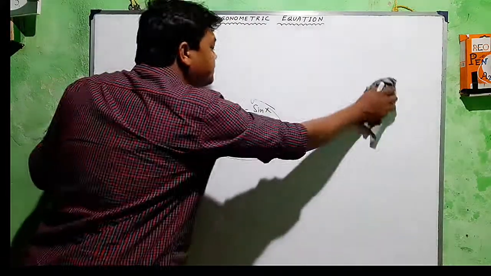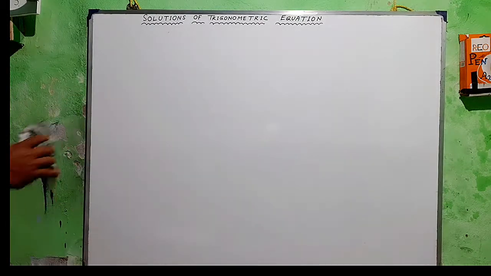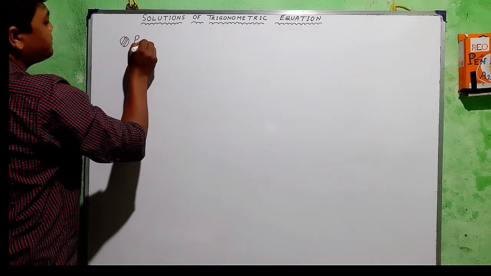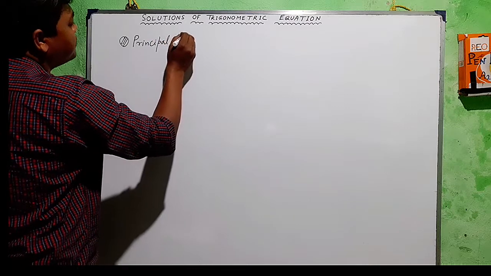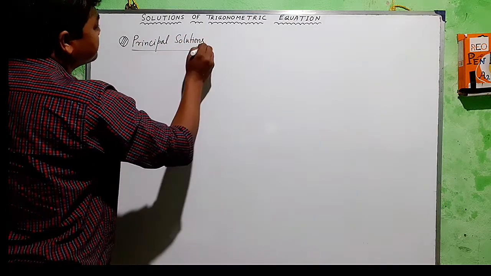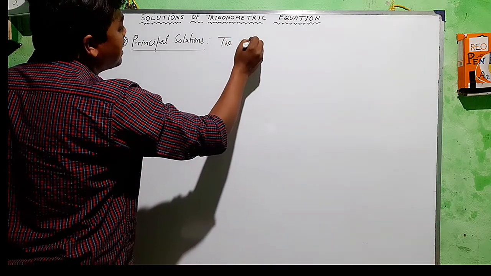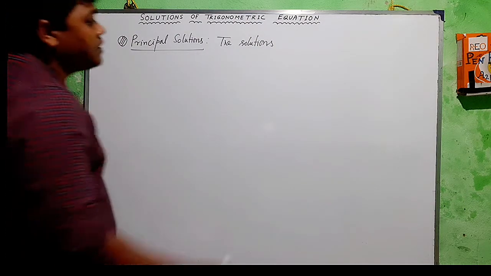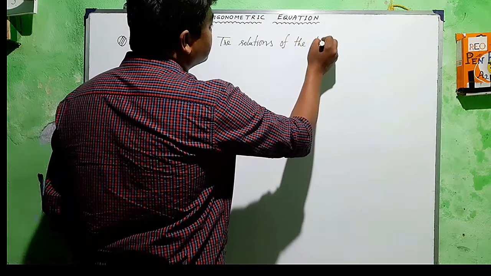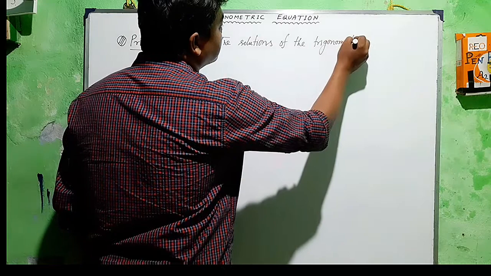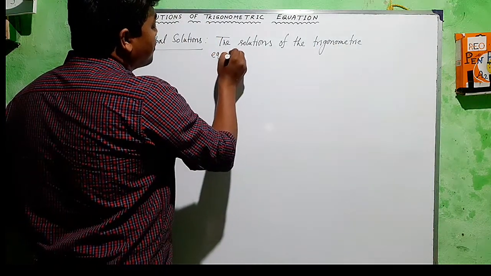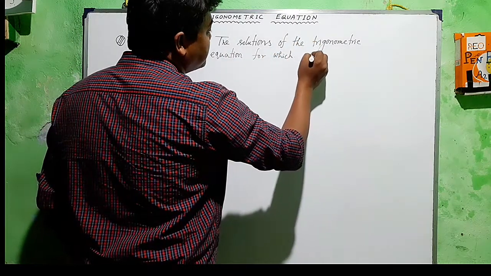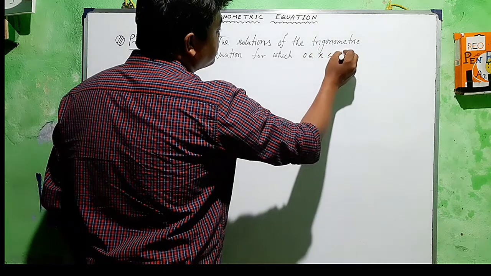The solutions of the trigonometric equations, principal solution: the solutions, আমি বারবার সলিউশনসটাকে এমফাসাইজ করছি তার কারণ অনেকগুলো সমাধান পাবো। The solutions of the trigonometric equation for which 0 less than or equal to x less than or equal to 2 pi.